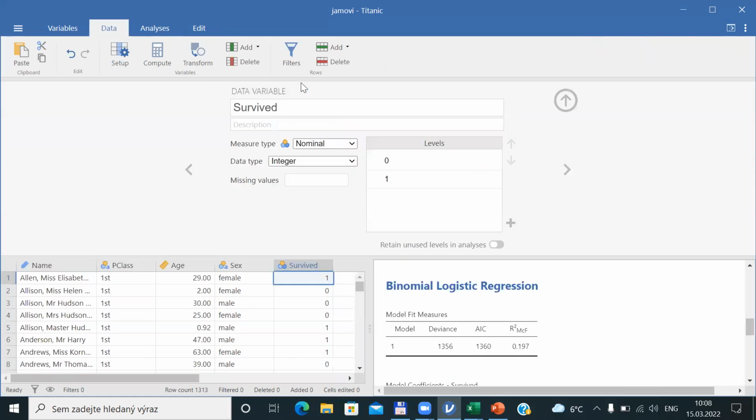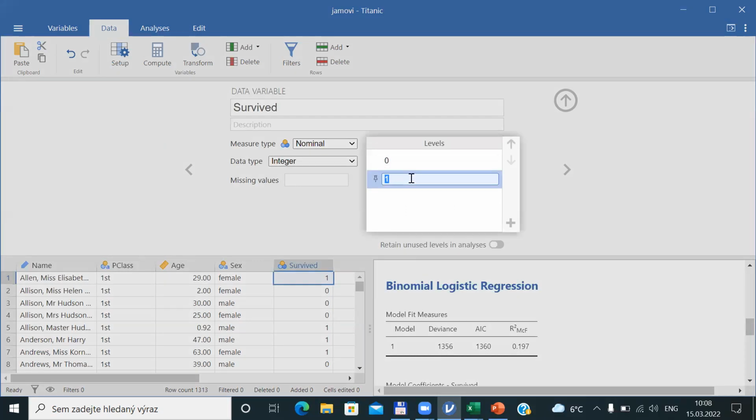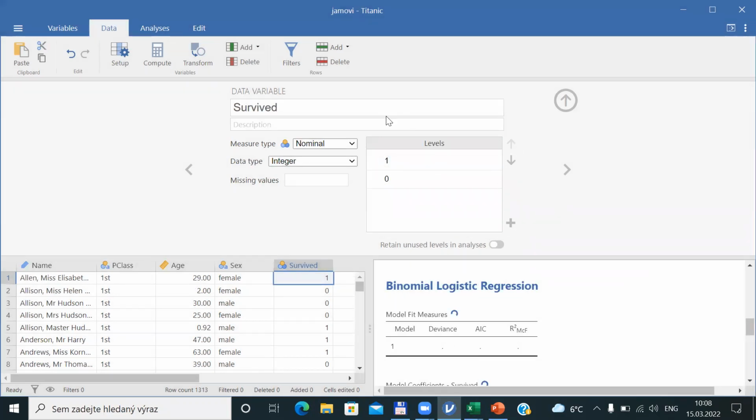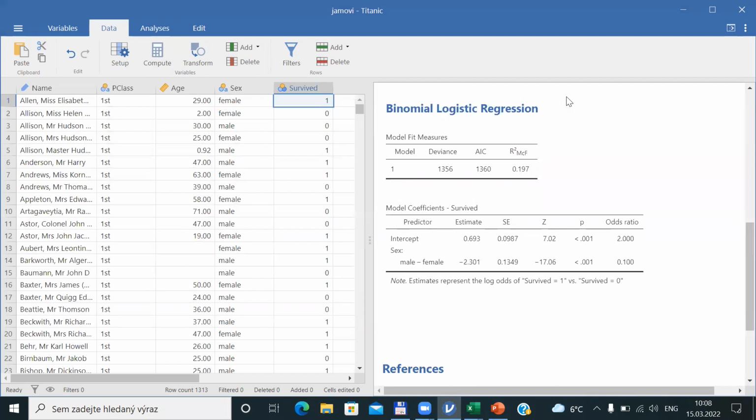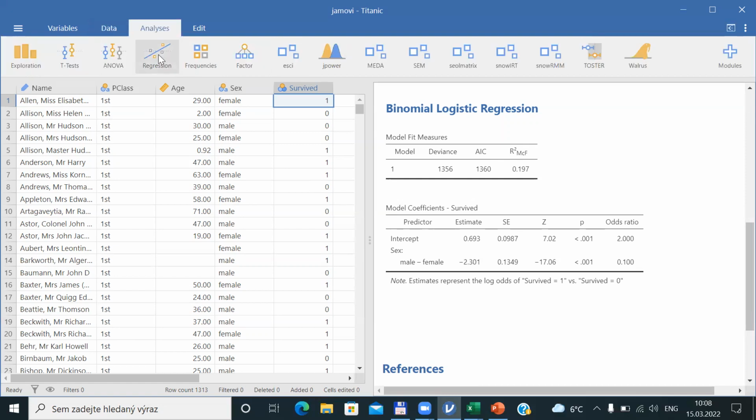So if I double click into the variable and move the first option up, I guess that Jamovi will recompute the results for us automatically. Oh, it's not working, so I guess it's only present in JASP. So I would need once again, I guess, to compute logistic regression.